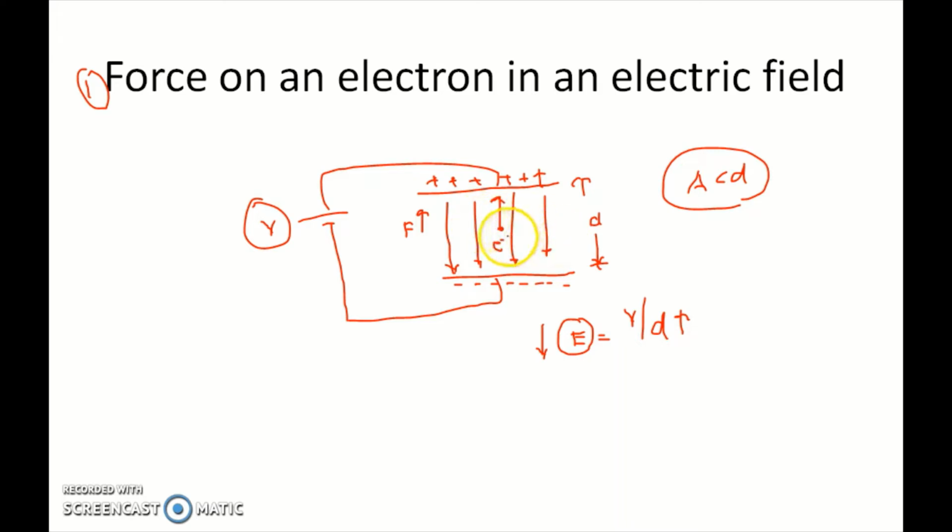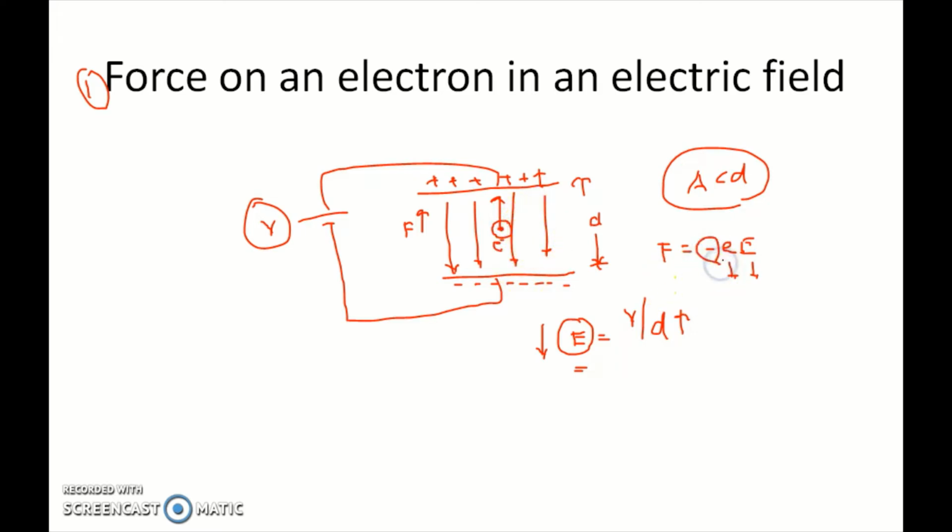Now the force acting on this electron in this electric field, F, can be given as minus e into capital E, where small e is the charge of an electron and capital E is the electric field intensity between the two plates.